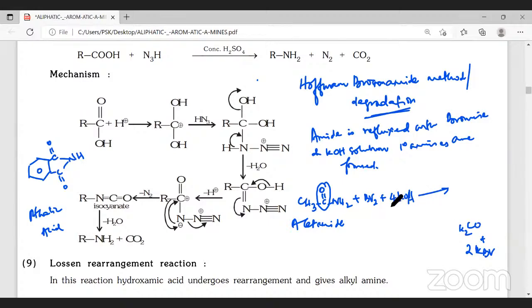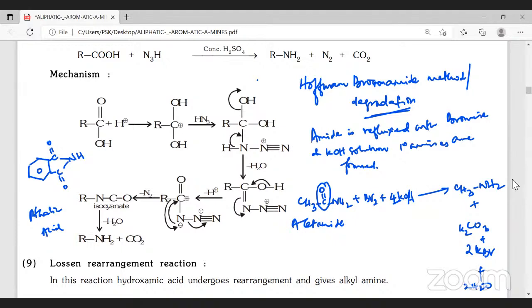In that 4, 2 will react with this. Totally you get K2CO3. And what else is left out? Here 2 more oxygen is there, 4 hydrogen is there. So 2 moles of water gets eliminated as a byproduct. What else is left out? You have CH3 and you have NH2. This is the primary amine. This is called Hoffman's bromamide reaction. So when an amide is refluxed with bromine and potassium hydroxide, primary amines are obtained.